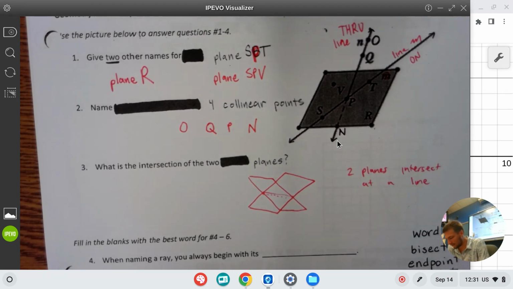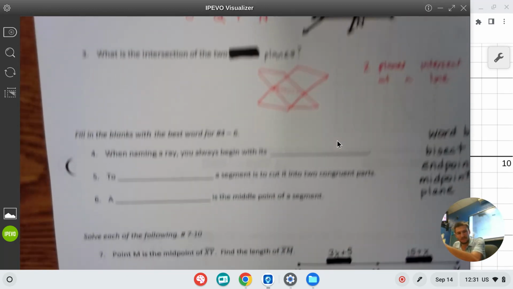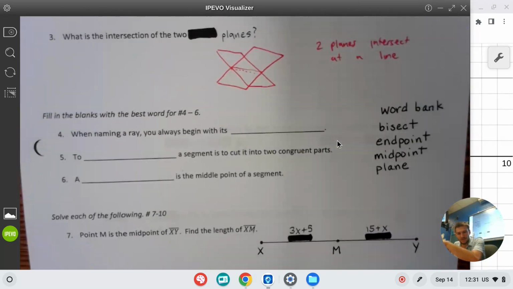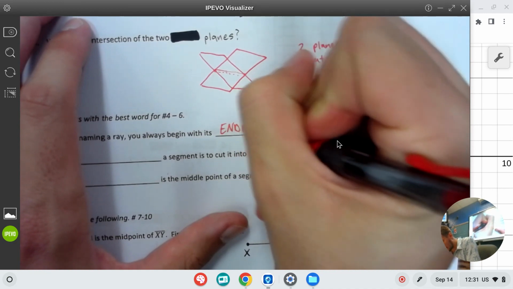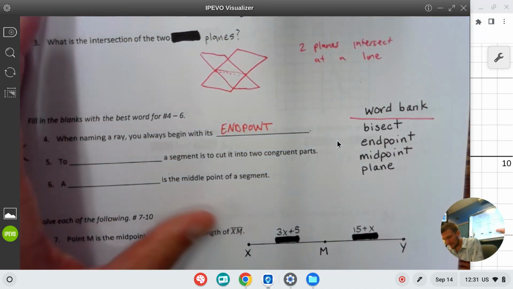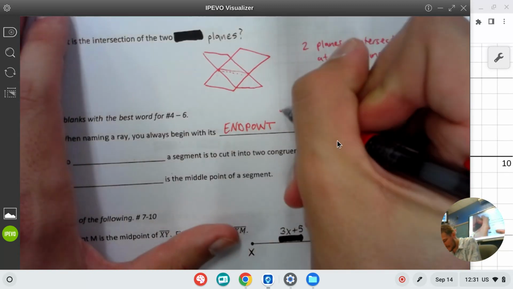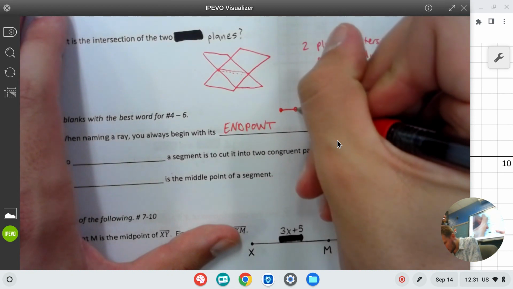All right, a little bit more vocab, then we'll get into the algebra stuff. I'm sure we're all eagerly awaiting the algebra stuff. When naming a ray, you always begin with its blank. And we got a little word bank over here. We're always going to begin with its endpoint. Remember, a ray is this type of shape, and it's always going to have 2 points on it.